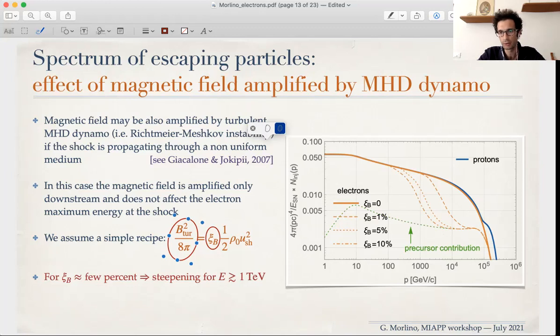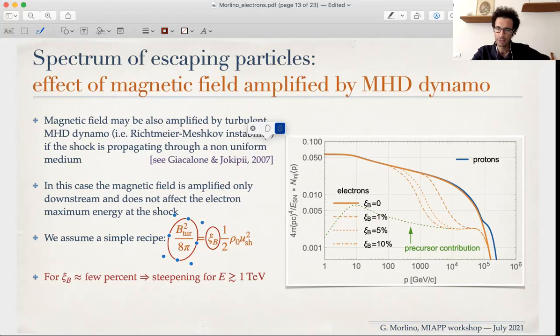And you see here on the right plot, changing xi_B from 0 up to 10%, the different lines produce a change in the slope at lower and lower energy. But even assuming xi_B up to 10%, which is already quite unreasonable, the spectrum of electrons changes only above 100 GeV, so never below that.